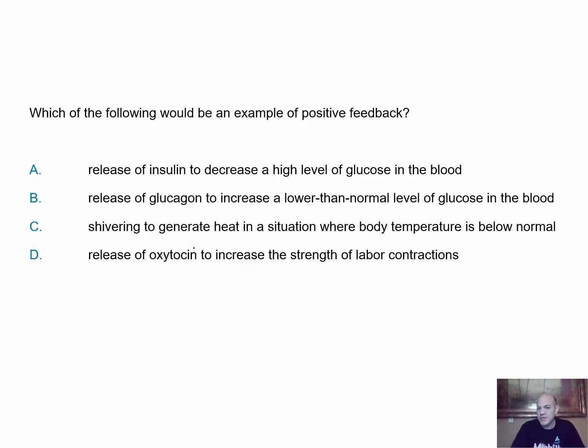I would say no there, because I just gave that example, so I'll go ahead and help on that one. So is it B, release of glucagon to increase a lower than normal level of glucose in the blood? Is it C, shivering to generate heat in a situation where body temperature is below normal? Or is it D, the release of oxytocin to increase the strength of labor contractions?